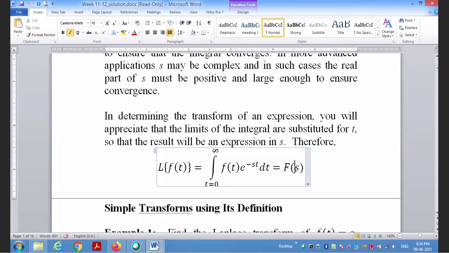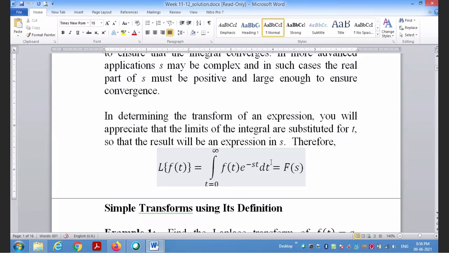After you evaluate this integral, you replace t with 0 and infinity, and the function is now in terms of s. So when you take the Laplace transform of small f(t), you get a function of s.